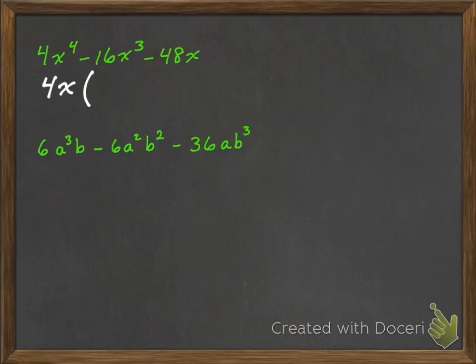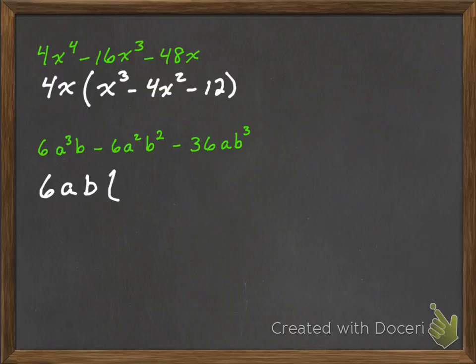Take that out, you are left with x cubed minus 4x squared minus 12. Because this is an x cubed, not an x squared, this is all the factoring that we can do on this particular problem here.